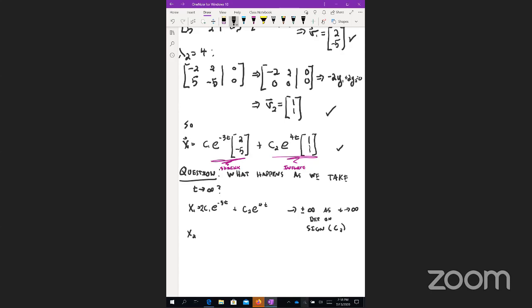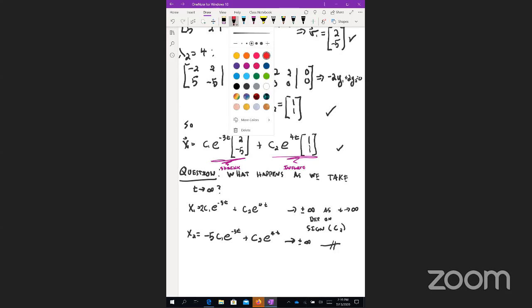And x2, we're going to get minus 5 c1 e to the minus 3t plus c2 e to the 4t, which is also going to go to plus or minus infinity. Same as I said up there, right? This guy, as Jolly pointed out, is going to go to 0.